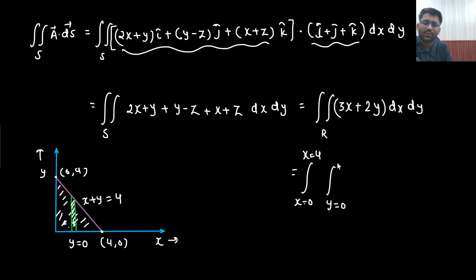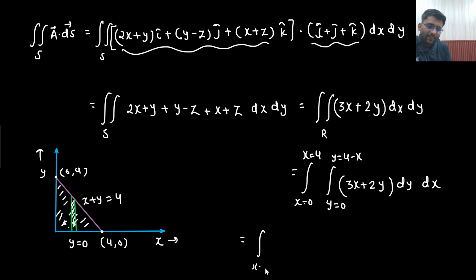For 3x plus 2y, first you need to integrate with respect to y and then with respect to x. So do this integration and get your answer correct. So x going from 0 to 4. First I will integrate with respect to y. So what will I get? 3xy plus y square.